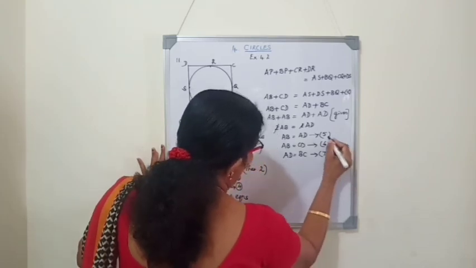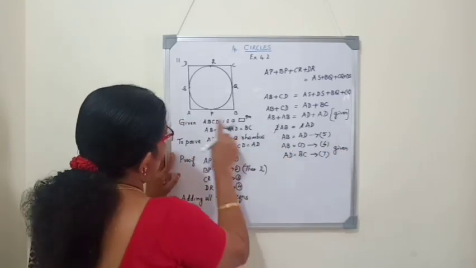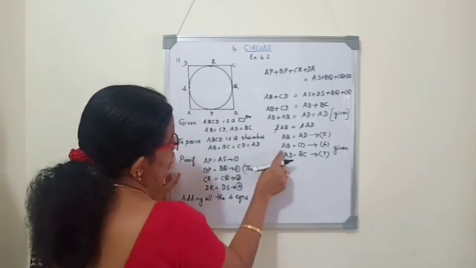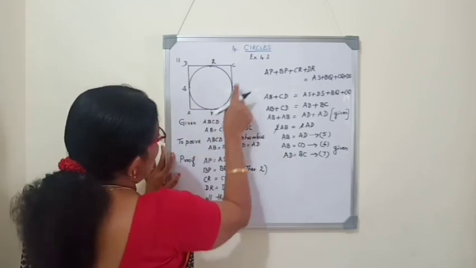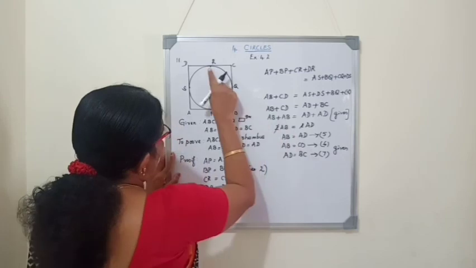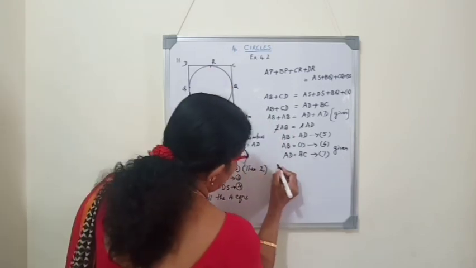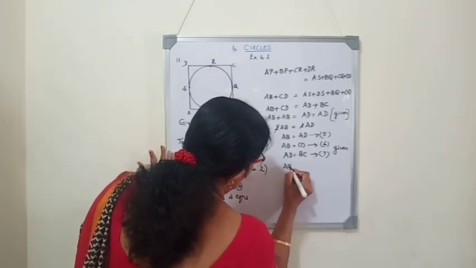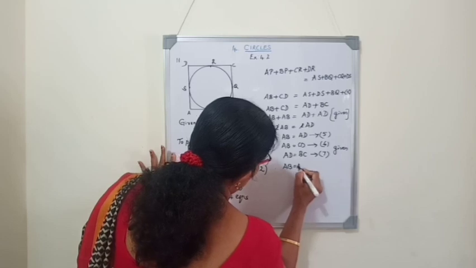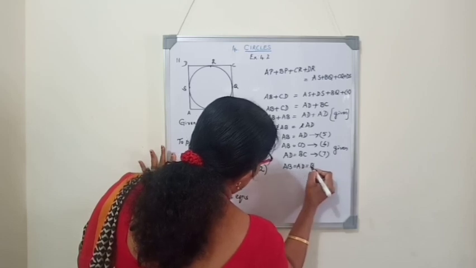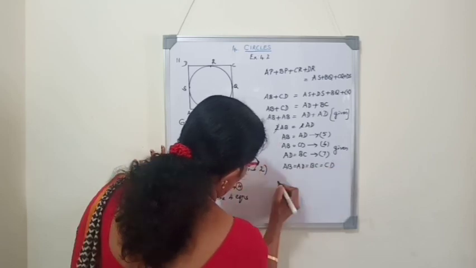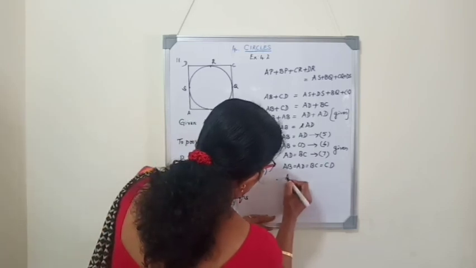So from 5, 6 and 7, AB is equal to AD and AD is equal to BC. AB is equal to CD. All the 4 sides are equal. AB is equal to AD is equal to BC is equal to CD. Therefore, ABCD is a rhombus.